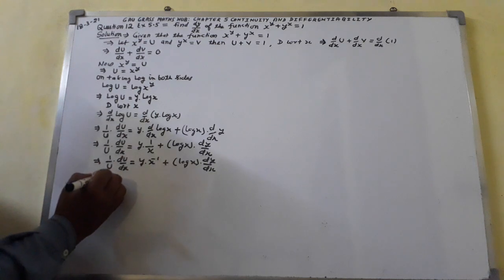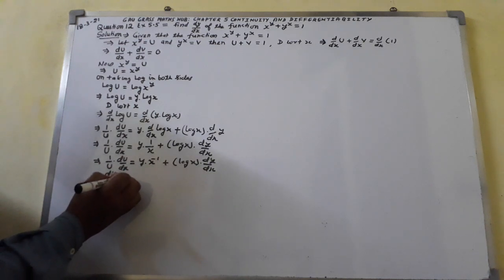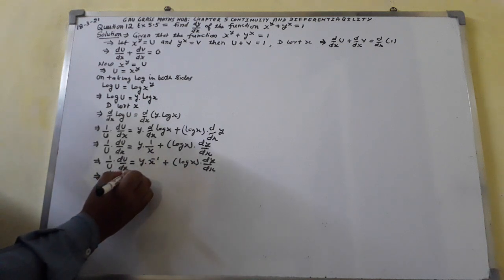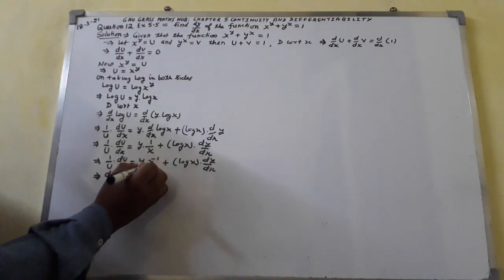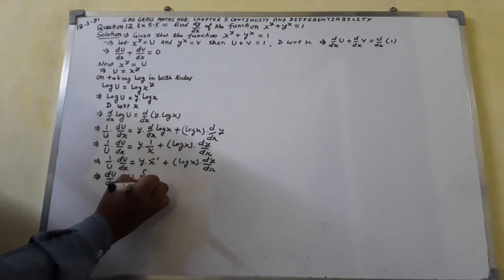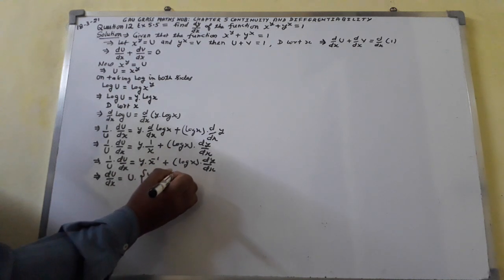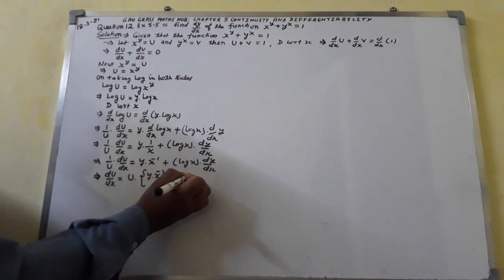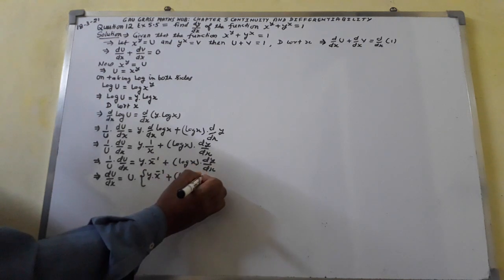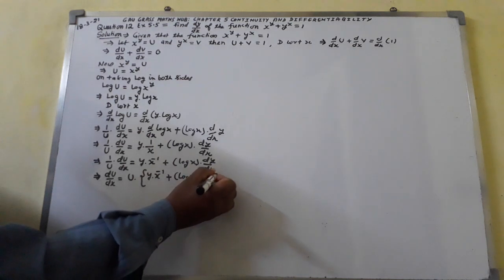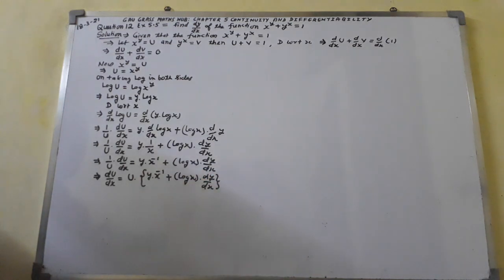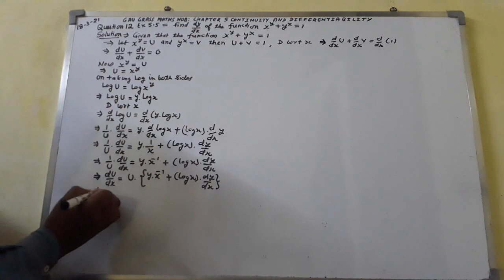So it will become du over dx equal to u dot, open here curly bracket, I shall write y dot x raised to power minus 1 plus log x dot dy over dx. Curly bracket close.